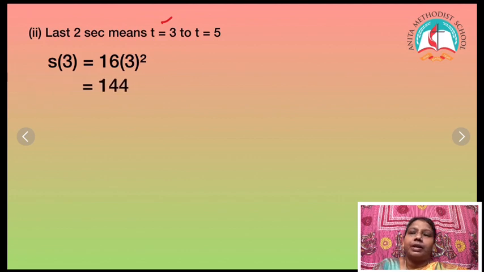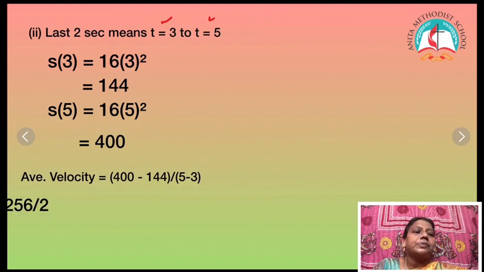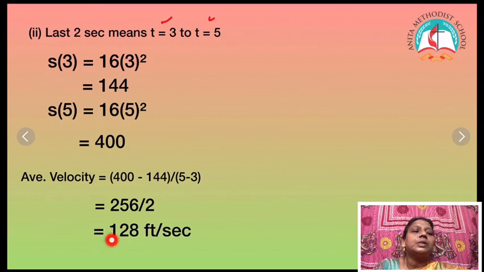If I simplify, 144. When t is equal to 5, I substitute and simplify and get the value as 400. Therefore, substituting in the formula, the average velocity is 128 feet per second. So that is the average velocity in the last 2 seconds.